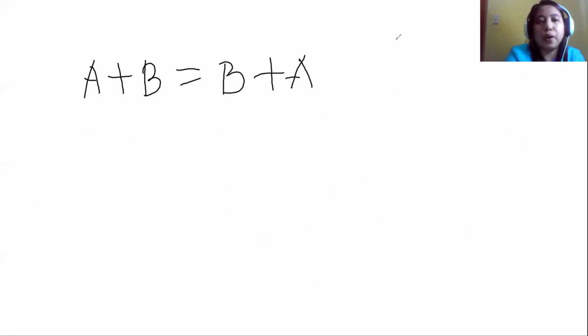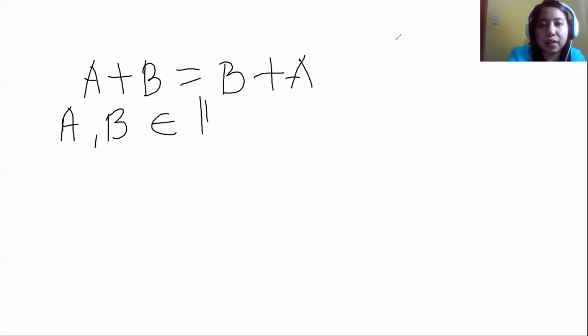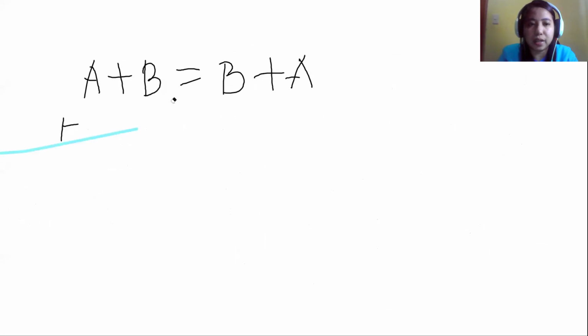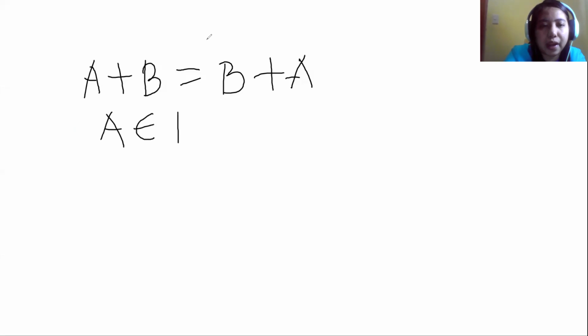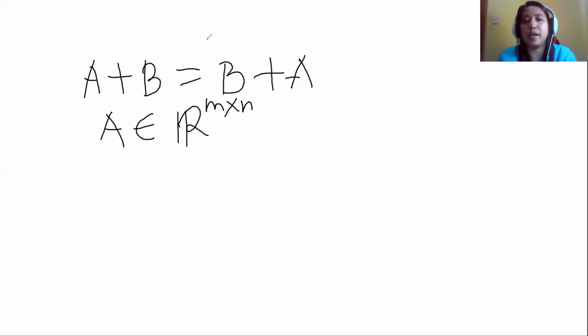So if we let A, B be elements of the real numbers, maybe we can present this first individually. Let A be an element of the real numbers, in the form of a matrix M times N. As I mentioned before, it can also be denoted as R raised to M times N, where R means real numbers.